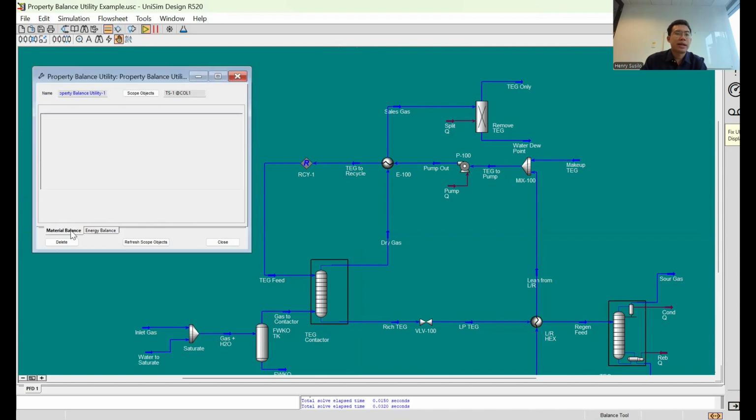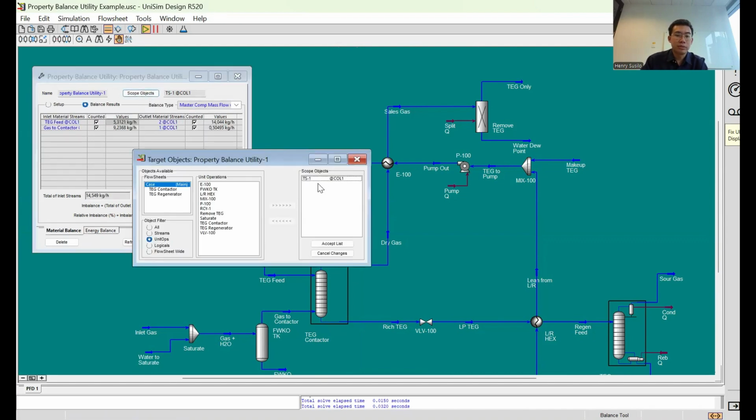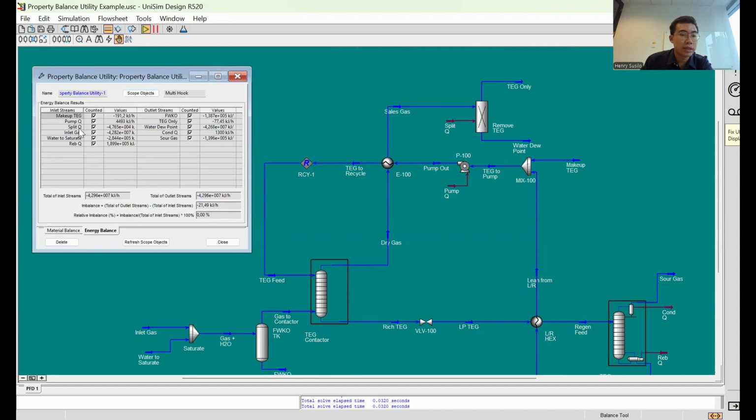But if we select all of the components, something like this, we could see that the energy is not only from the enthalpy, but also coming from the equipment. For example, this pump Q, and then the reboiler duty, condenser duty, everything is included in this energy balance calculation. And we also could see that the inlet and the outlet have a balance of energy.